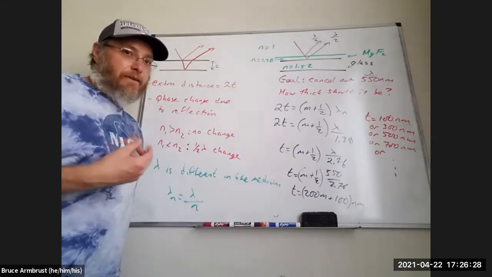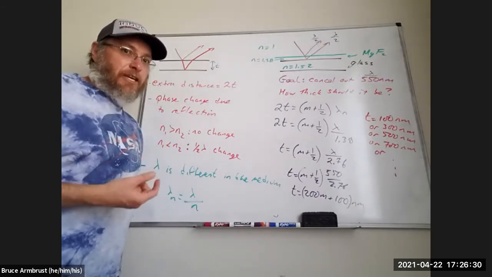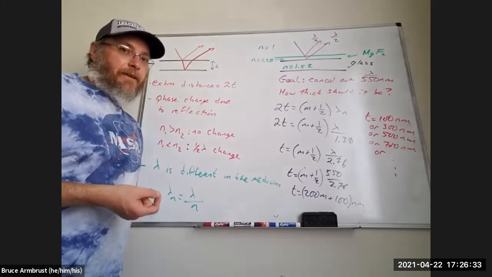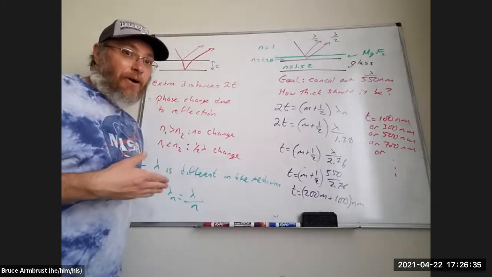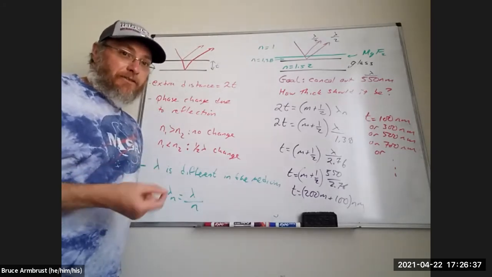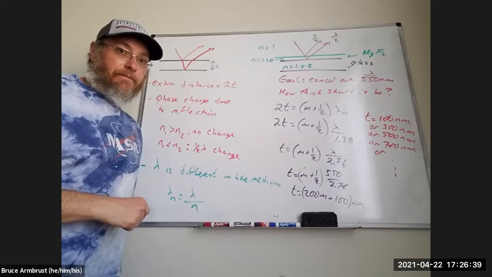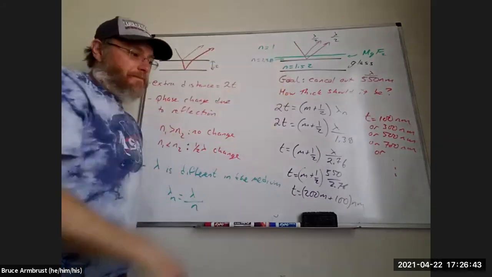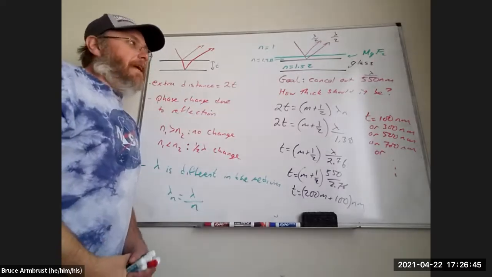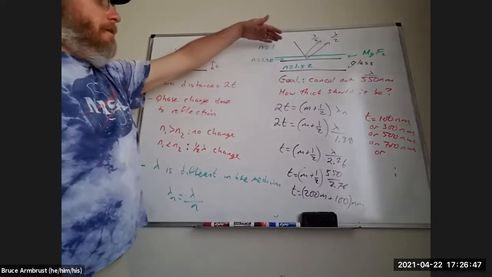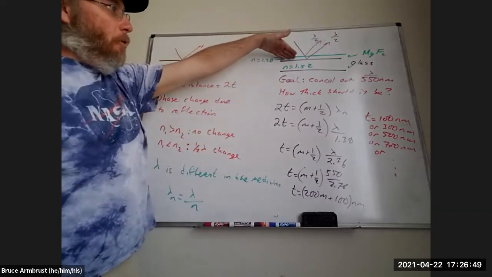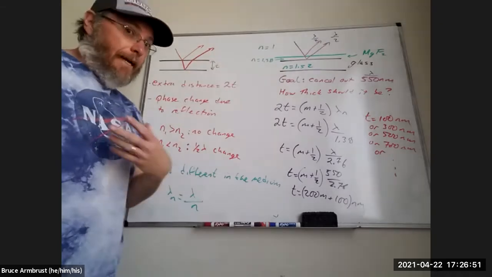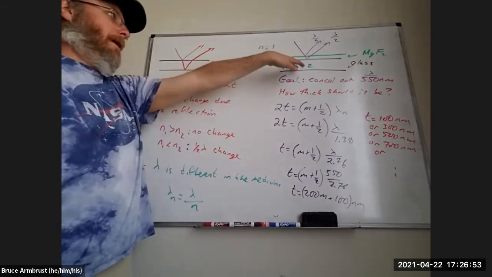Okay, but then next thing you know, it starts looking green. So why green? Well, now green is the one that's being constructively interfered. And if we think about what we were doing here, when we've got a soap bubble, you've got air, soap, air. And it's always air, soap, air.